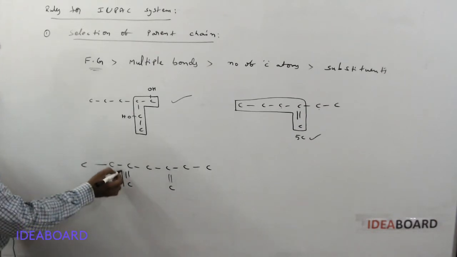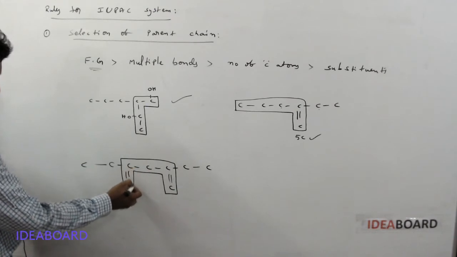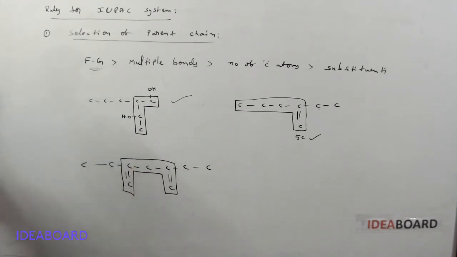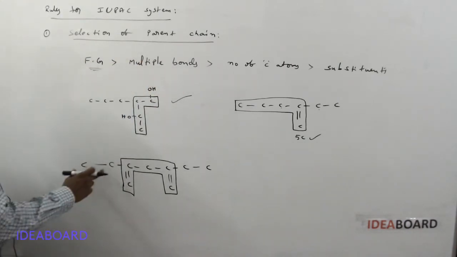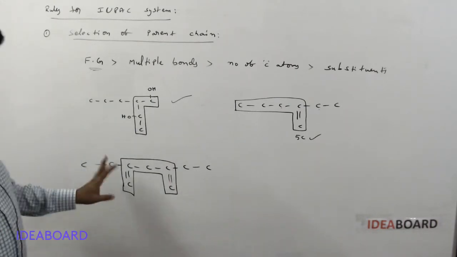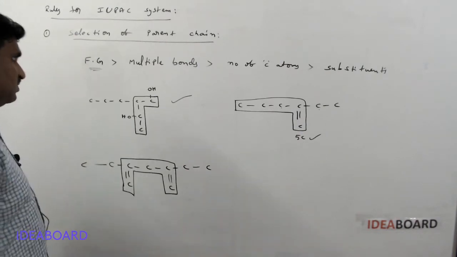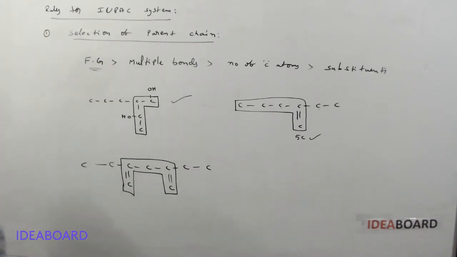So while selecting, you check like this, and then this becomes the better selection, because more multiple bonds are contained. There is no need to take the longer path. Even though it does not have double bonds, don't take that type of carbons. Okay, this is the selection of parent chain.